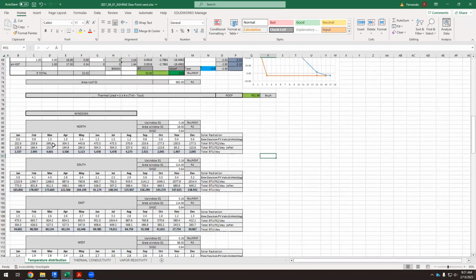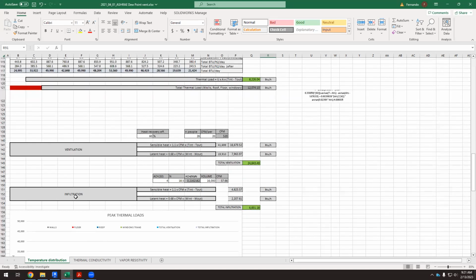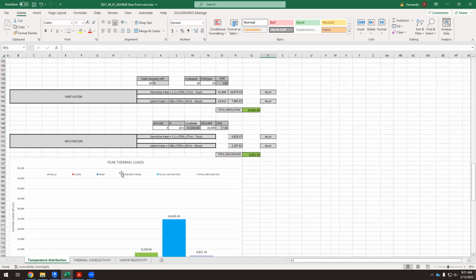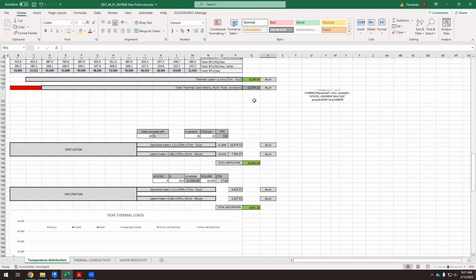I have calculated the U value and the solar heat gain coefficient of the windows, the same values as in Revit. I tried to understand the ventilation and the infiltration. So now I have an idea of what Revit is considering, and the numbers are quite similar. But that's all I can do.